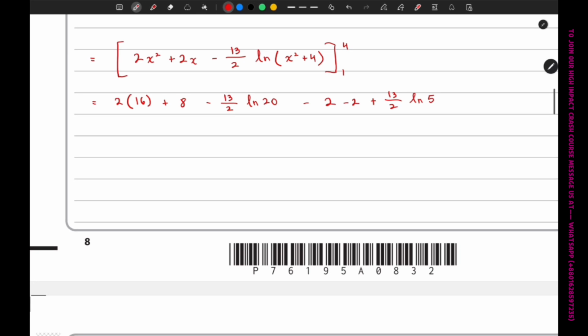Right. Now let's simplify this. So this becomes 32 plus 8, 40. 40 minus 4, which is 36. Plus 13 over 2 ln 5, minus 13 over 2 ln 20.